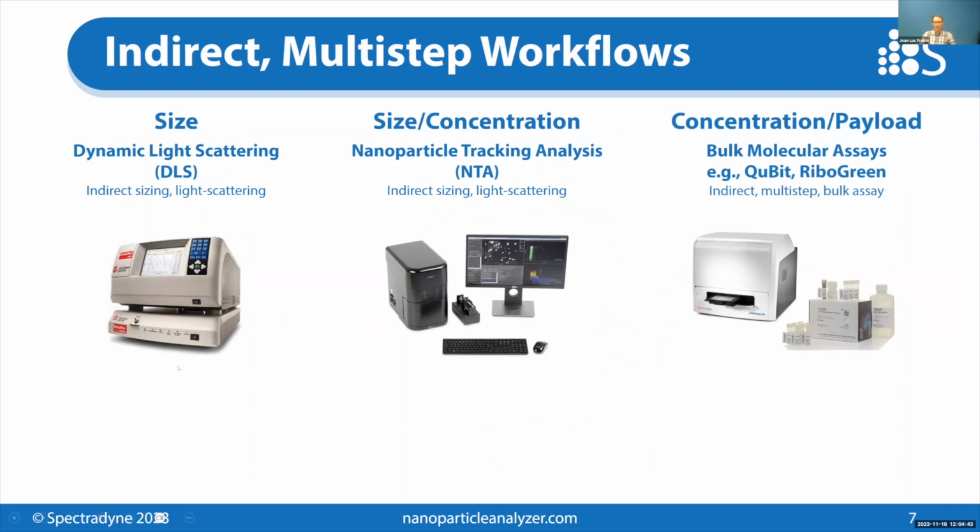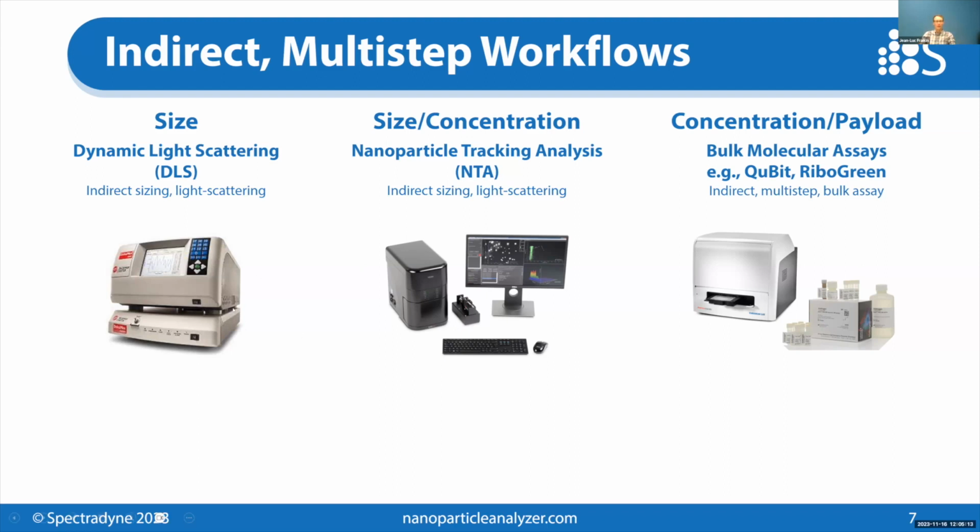In LNP formulation, dynamic light scattering is really embedded. So obviously you can have one of these instruments. Some people are using NTA, nanoparticle tracking analysis. And then for payload measurements, really the only option are these bulk assays like Qubit or RiboGreen assays that are indirect methods. And they're really bulk measurements for measuring the amount of encapsulated or free payload.